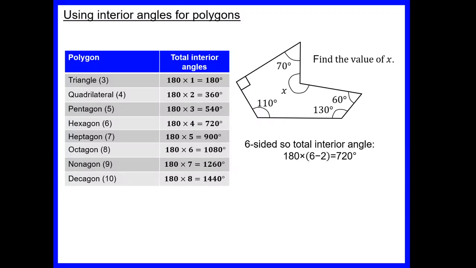Once we know the total angles in our shape, we can add up all of the angles we know and take those away from our 720. If we add all of those up, they come to 460. 720 minus 460 means that our x is 260 degrees. Okay, make sure you're happy with that example before you move on.